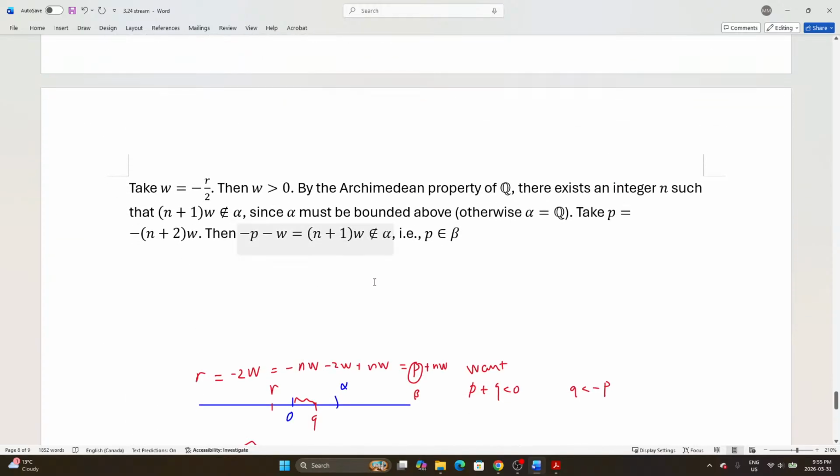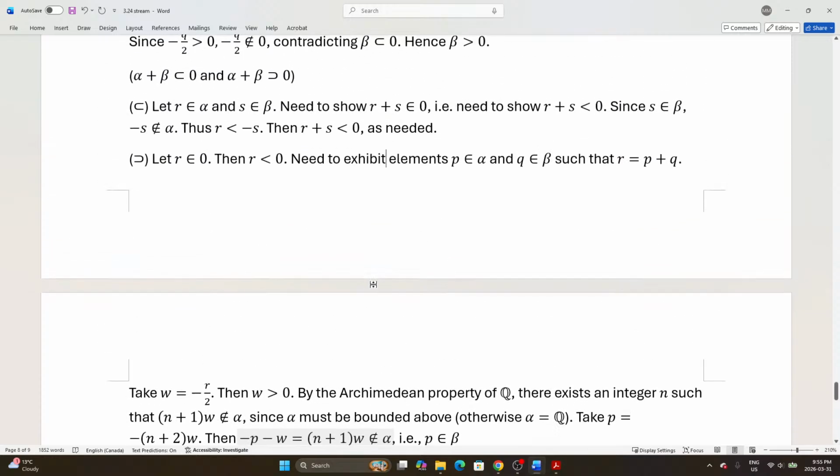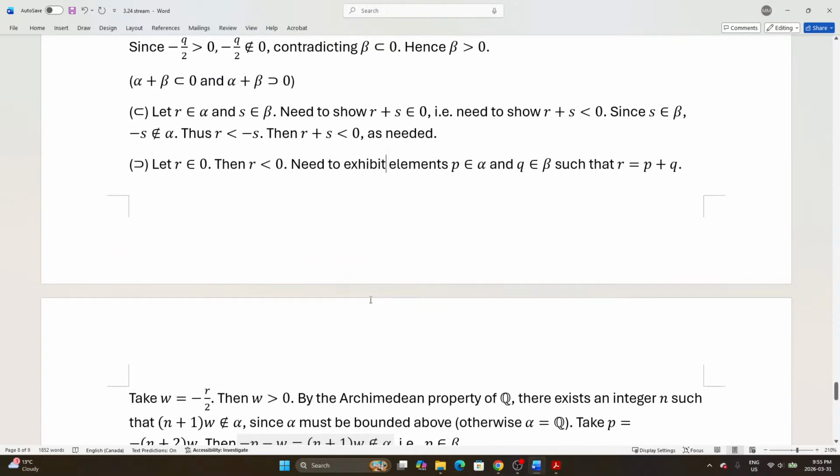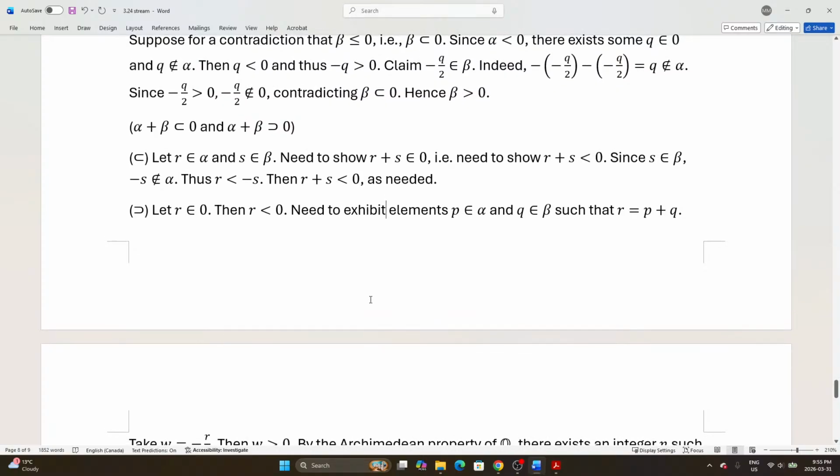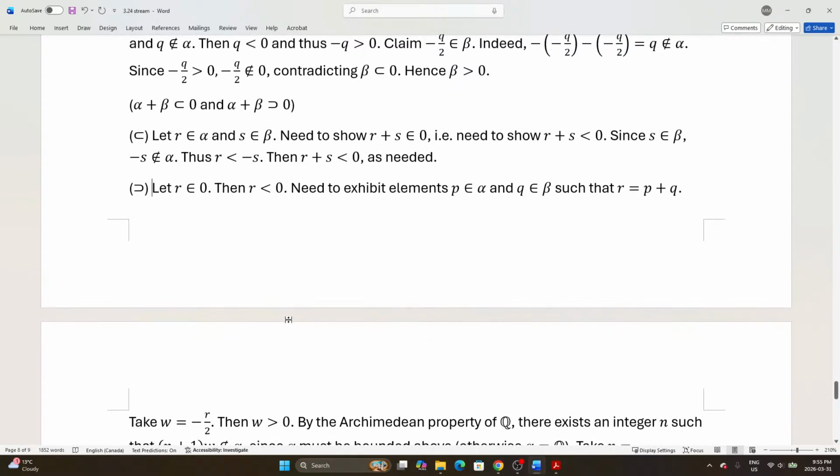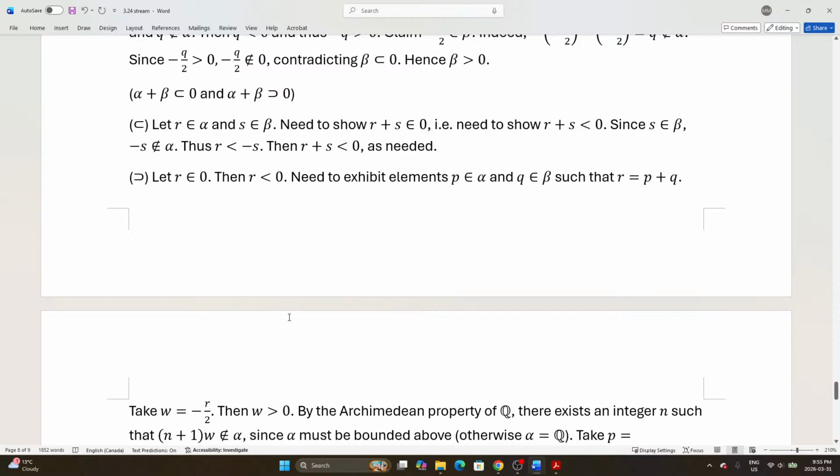So here I can, without loss of generality, assume that, you know what, let's do cases. That should make things clearer.